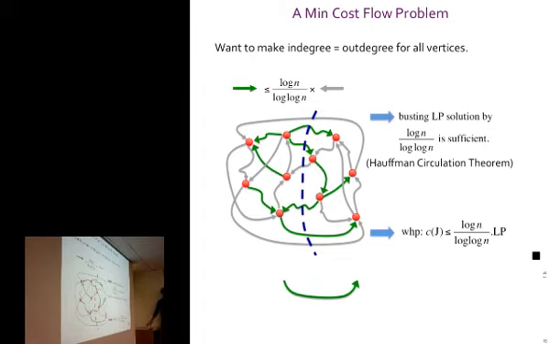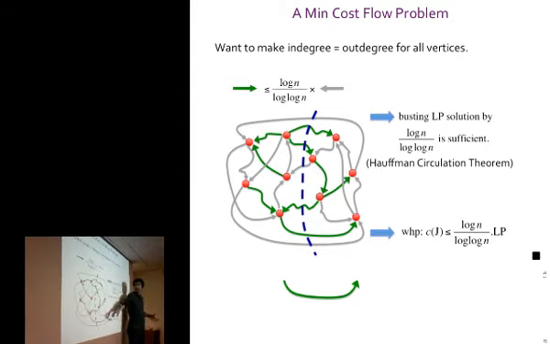Right, so the point is we just need to equalize the two sides, the two directions. It may have many more edges, so we just boost the LP to make the two equal. Hoffman's theorem says that if for any cut, the gray edges that enter the cut are more than the green edges that you force, it is sufficient to find a flow.